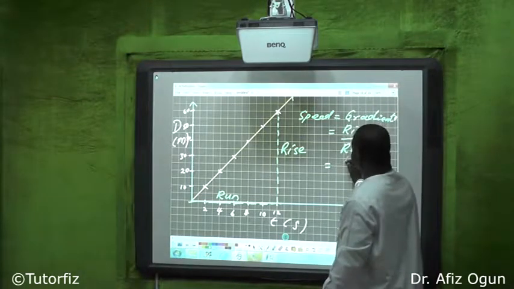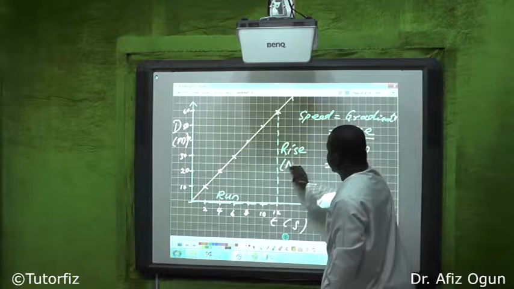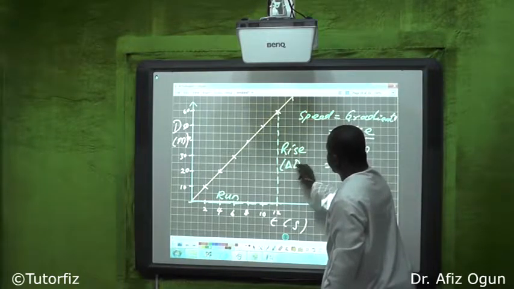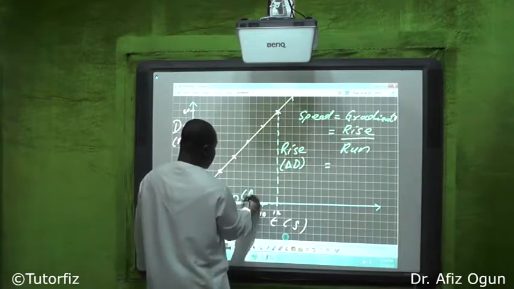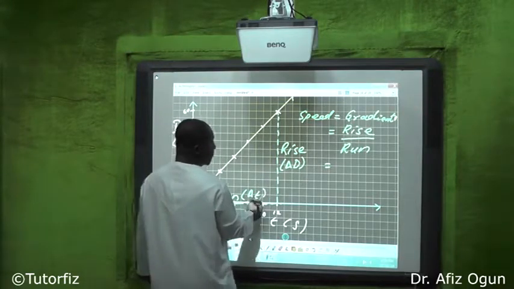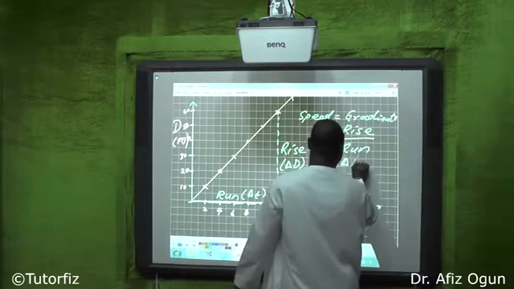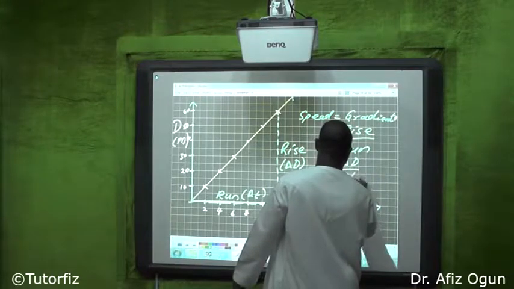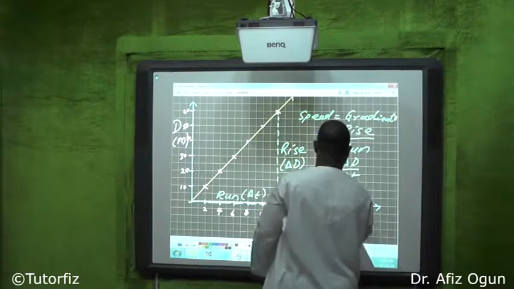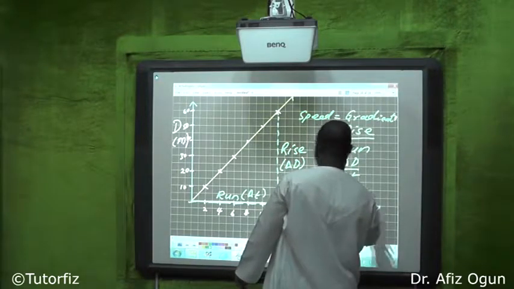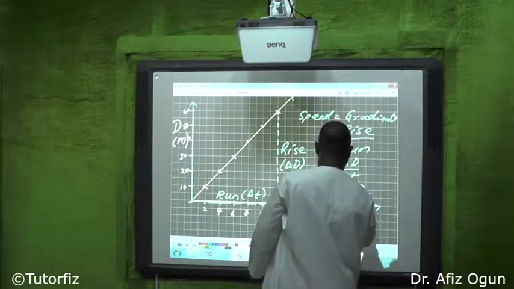Rise is change in distance, delta d, and run is delta t, change in time. So which equals delta d divided by delta t. You don't have to write this if you don't want to. So which is 60 minus 0 divided by 12 minus 0.